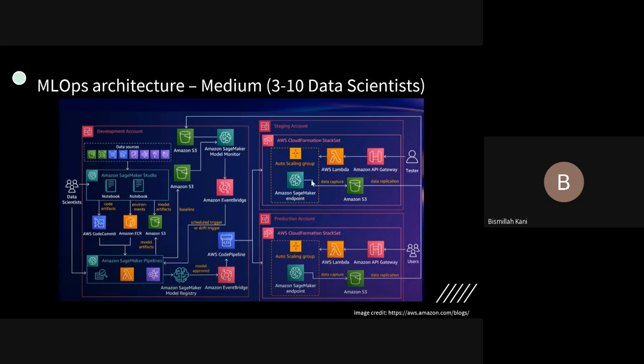After the testing, we approve that, and then that code pipeline will deploy the model into the production account. So this here is a tester. And here are actually the end business users. This is a good practice of having a multi-account strategy so that you don't accidentally make mistakes in your production model.